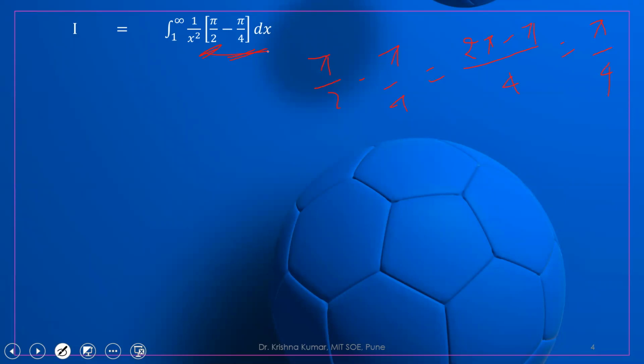So this value is pi by 4. The limit is x equal to 1 to x equal to infinity, and then pi by 4 with respect to x. We have taken this pi by 4 outside.